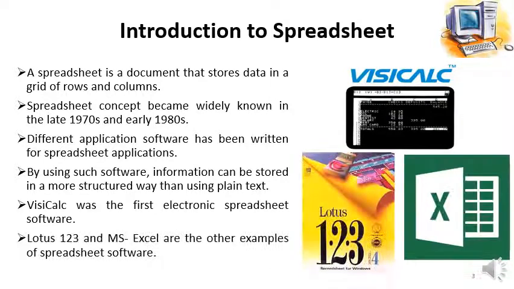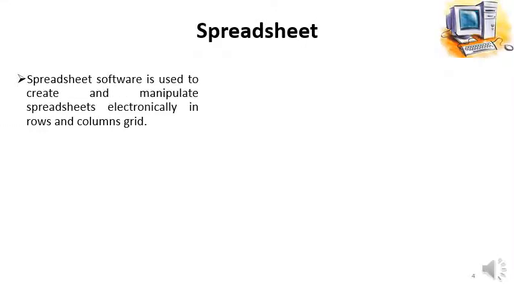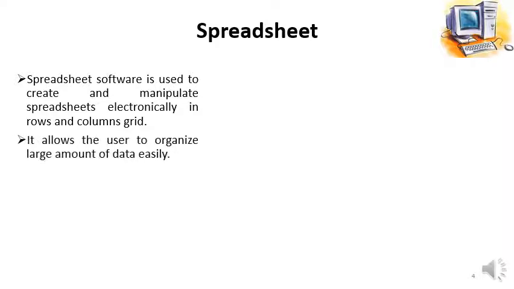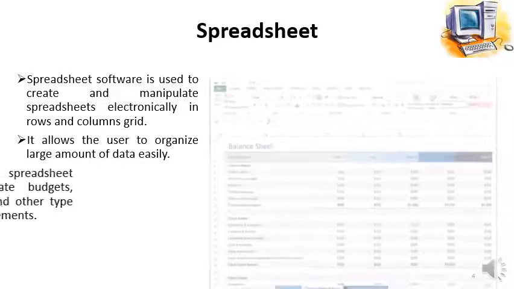Further, Lotus 123 and MS Excel are other examples of spreadsheet software, but the most widely used spreadsheet software nowadays is MS Excel, which we will study in this unit. Spreadsheet software is used to create and manipulate spreadsheets electronically in a rows and columns grid. It allows the user to organize large amounts of data easily.